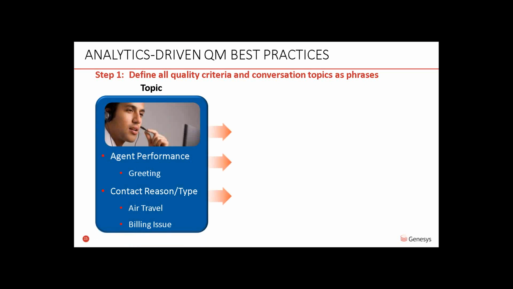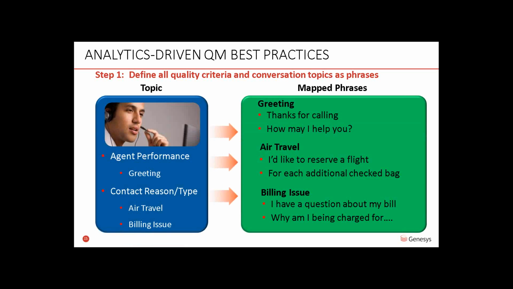The first best practice is to begin by defining all quality criteria and conversation topics as phrases, because as I mentioned earlier, phrases are really crucial to having the full context of defining a topic. Because again, words alone are insufficient. Words can be used in many different ways for many different meanings.